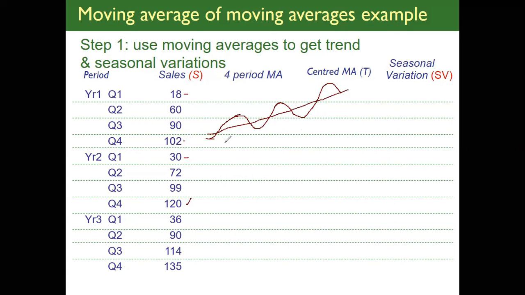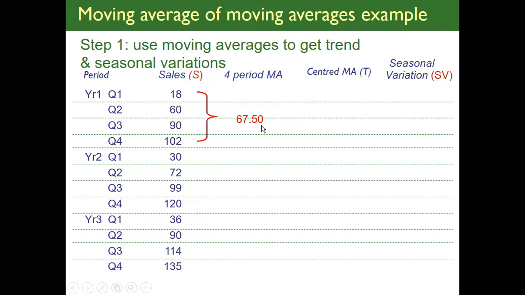But before we do that, we need to find out our moving average of moving average. If it is a 4 period moving average, how it will work: you will take 1, 2, 3, 4, 4 quarters, you divide it by 4, you get 67.50. And if you notice, it comes on this line, which is the middle of quarter 2 and the middle of quarter 3.